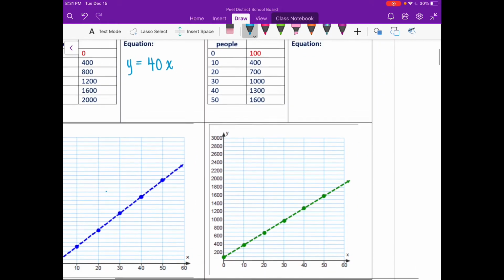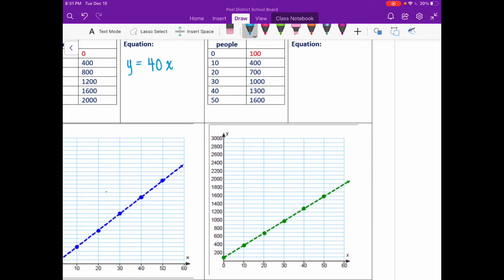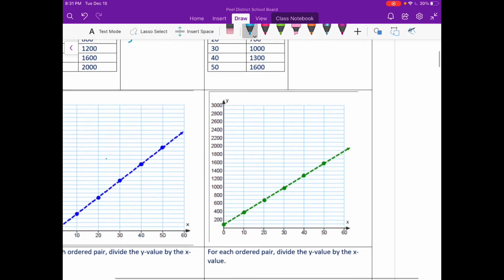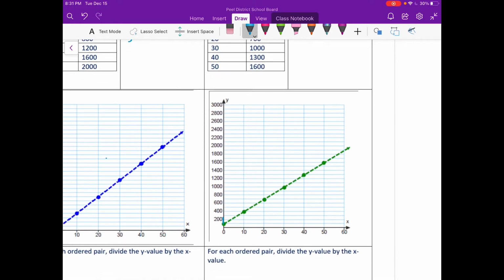What if I went over here? Here we're starting off with 100. So that means that whatever I do, I have to add 100 at the end. So y is going to be some slope times x, plus 100. I can simply find the slope by going back to my chart and doing rise over run.